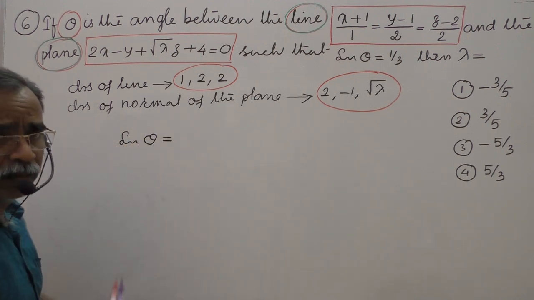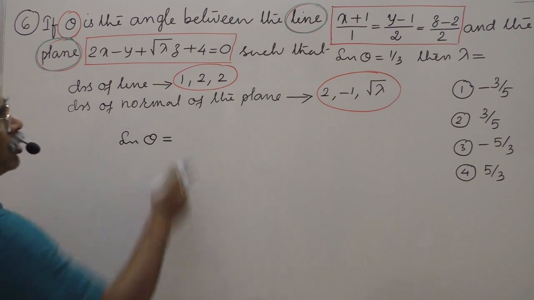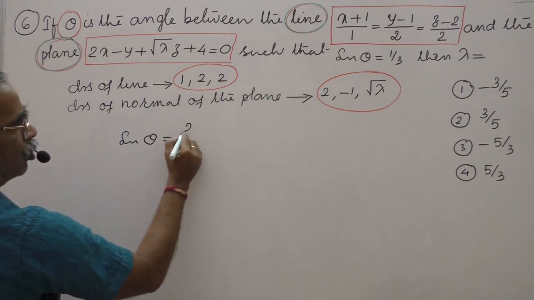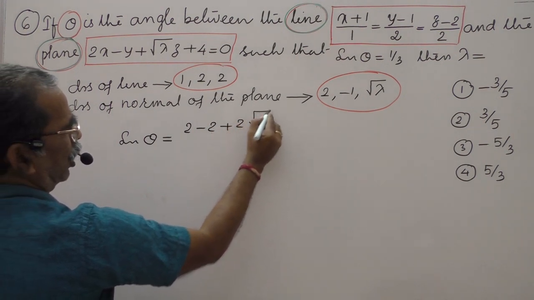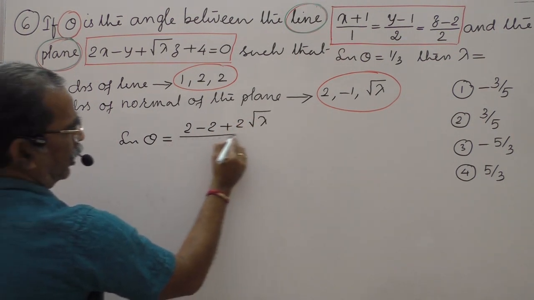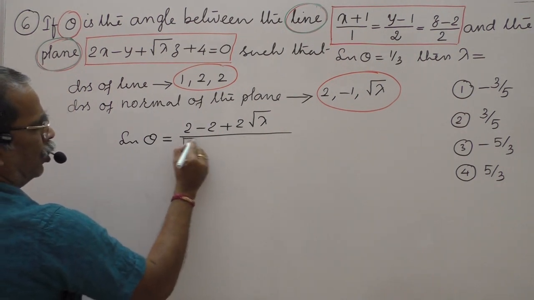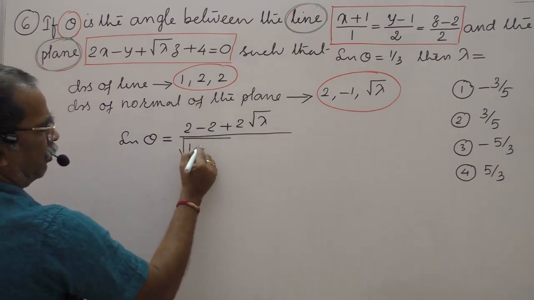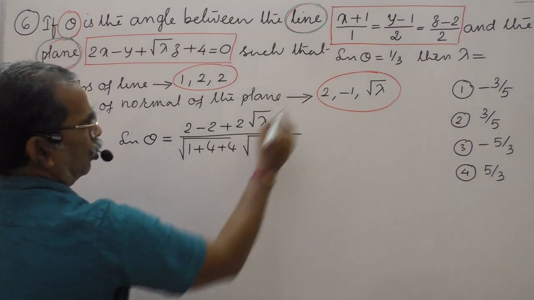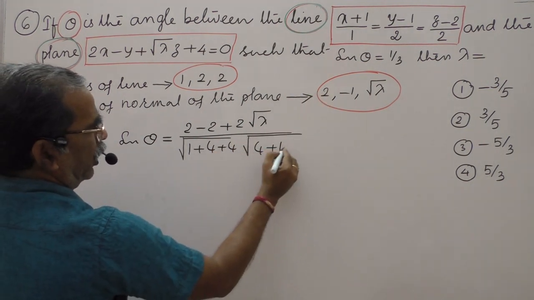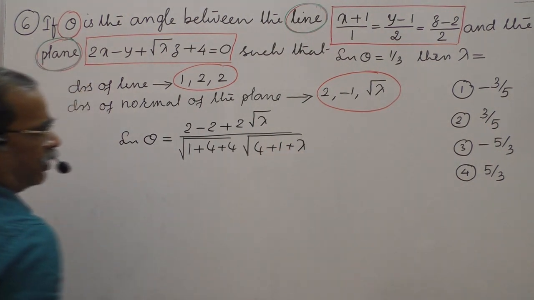The formula remains the same. A1, A2, B1, B2 the same. A1, A2 is 2, B1, B2 is minus 2, C1, C2 is 2 root lambda, divided by root over A1 square, B1 square, C1 square into root over A2 square, B2 square, C2 square.